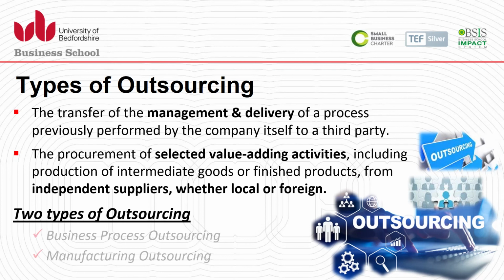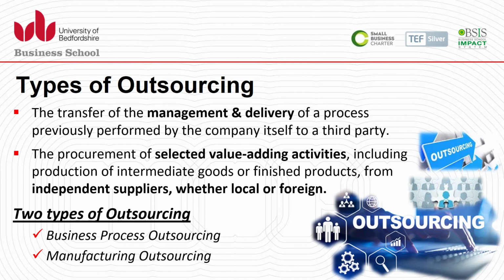The 2 main types we can see, either is a business process outsourcing or it is purely manufacturing outsourcing. So again, it is more like the product and service that we have to take on board with partnership with a third party provider. It can be done within the country, or it can be done outside the country.